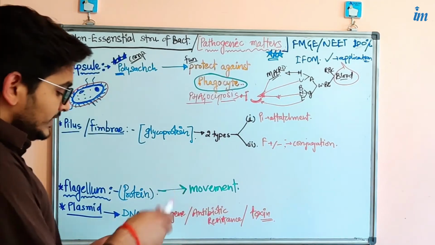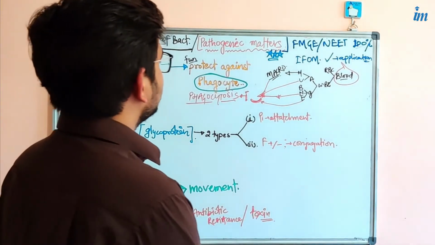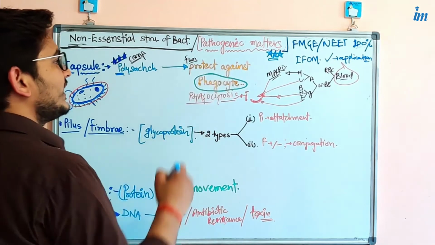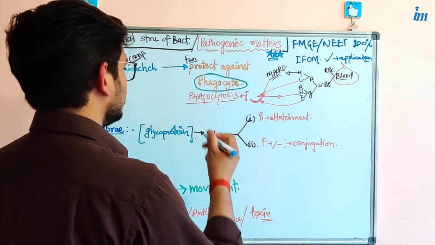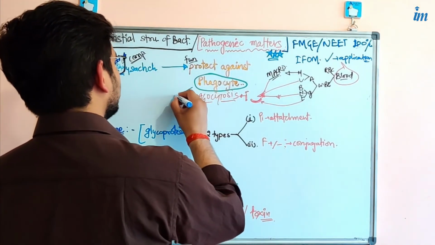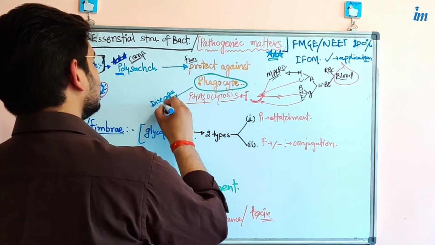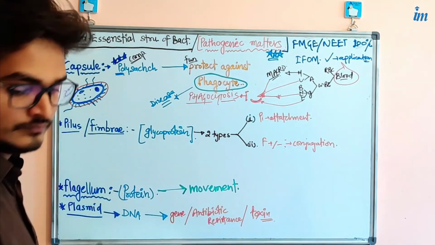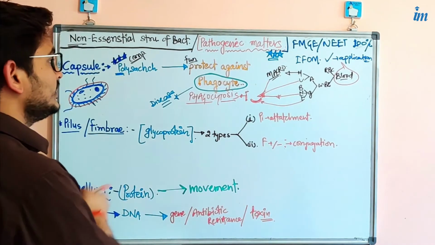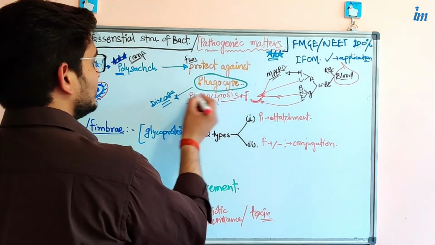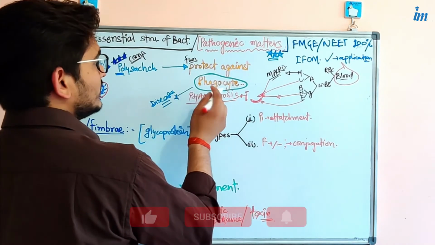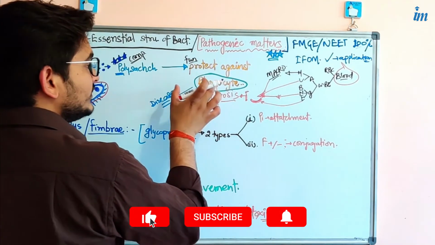Okay, so in this case you can see the protection against the phagocyte. Why? So that disease will not occur. Their property is to protect against phagocyte. So what does phagocyte do?